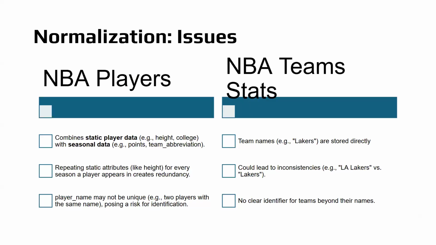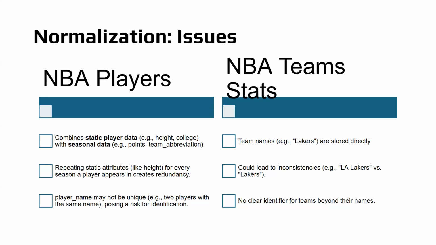For example, in the NBA players dataset, we have issues such as it combines static player data with seasonal data. We don't want this information to be changed across each season; we want each season to be independent from the player data, since, for example, the player may change height, college, etc. We don't want to repeat static attributes like the height for every season, since this will create redundancy, especially if it relates to the same player.